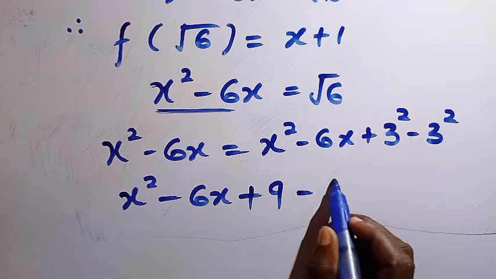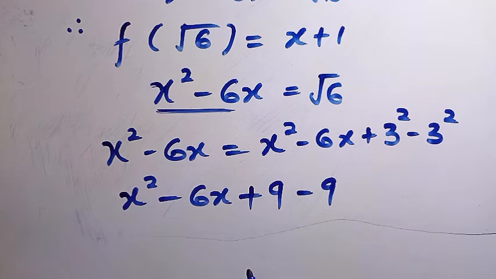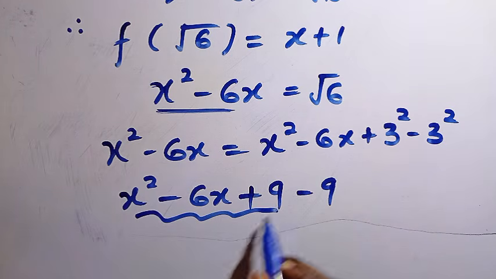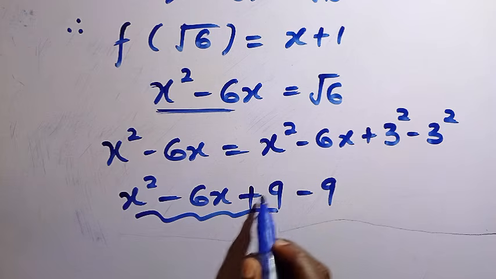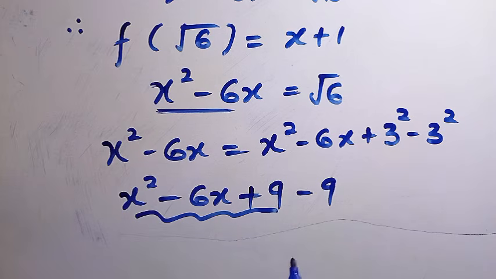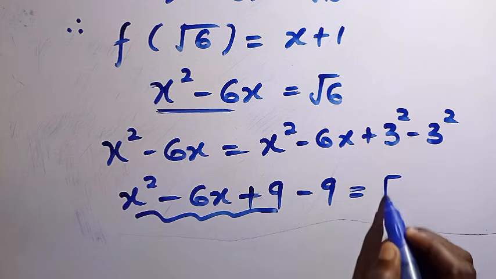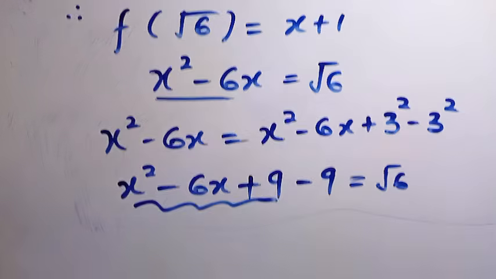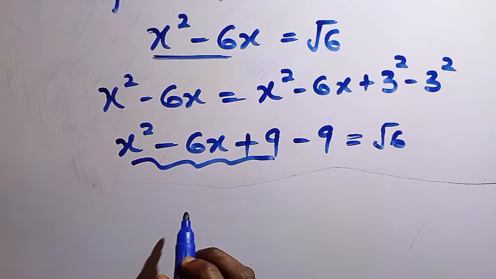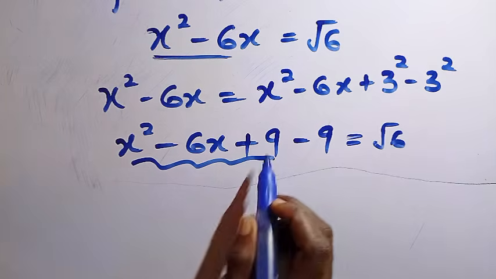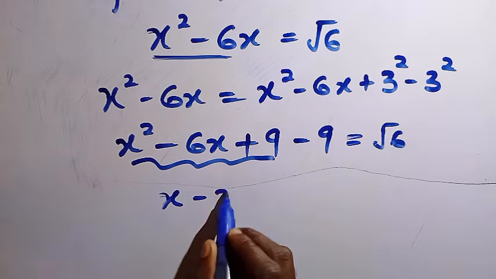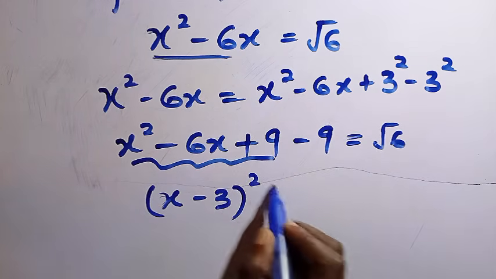Then minus 3 squared, this gives us 9. If I combine x squared minus 6x plus 9, and leave the minus 9 aside, everything equals square root of 6. So x squared minus 6x plus 9 can also be written as x minus 3 squared.